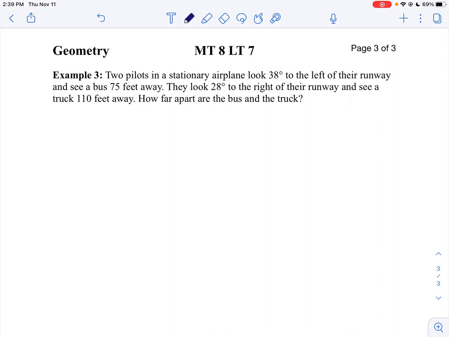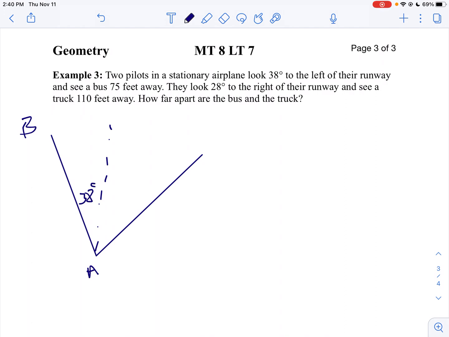So let's model this with a picture. Here's my airplane. Use A for airplane. And here's my runway. They see a bus when they look 38 degrees to their left.